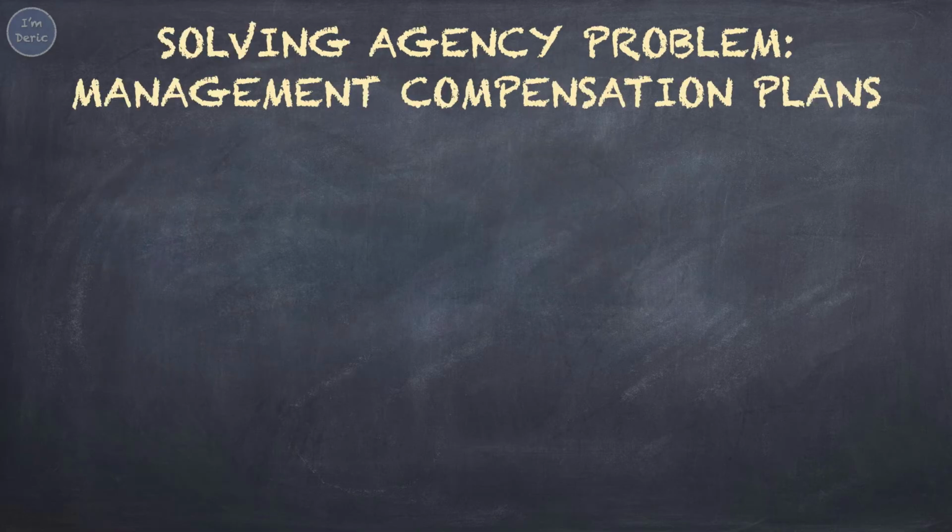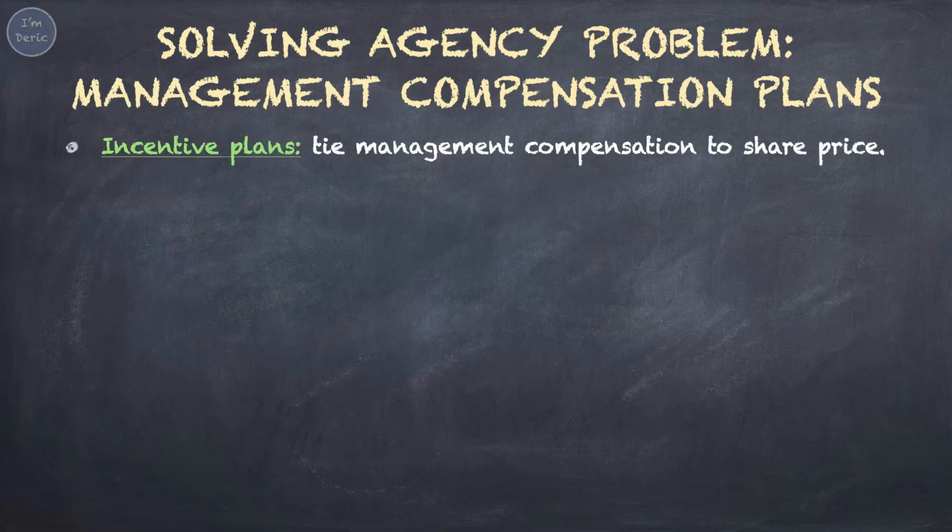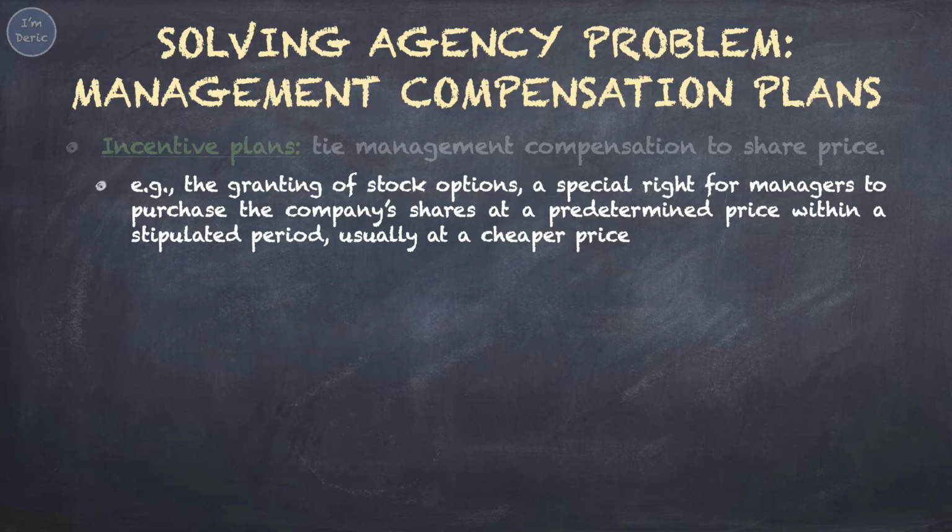To solve the agency problem, first, the company may implement management compensation plans. Incentive plans tie management compensation to share price. Managers will be rewarded if the share price goes up. For example, the granting of stock options.